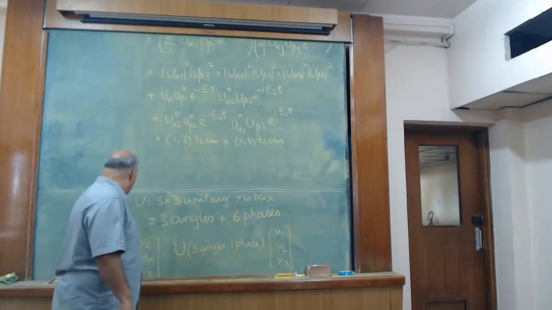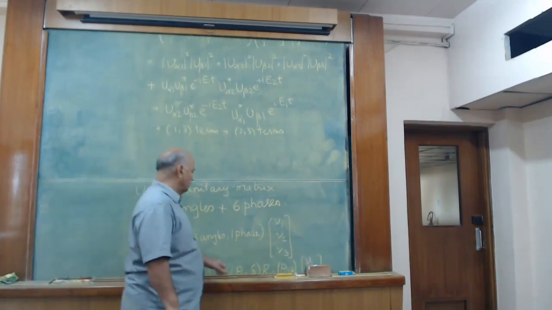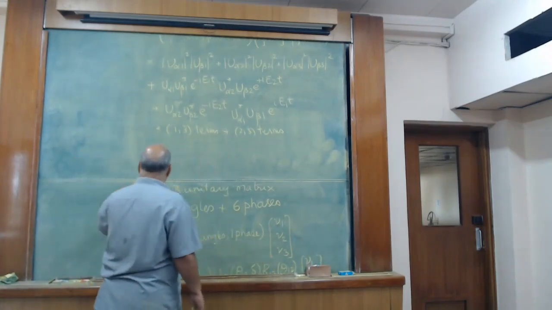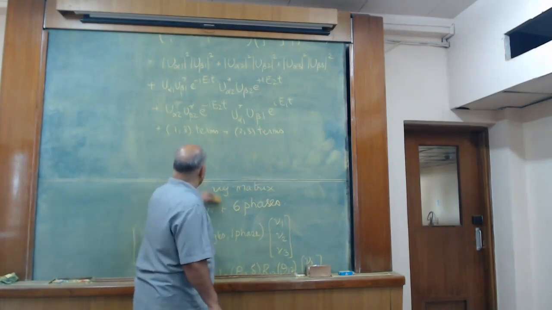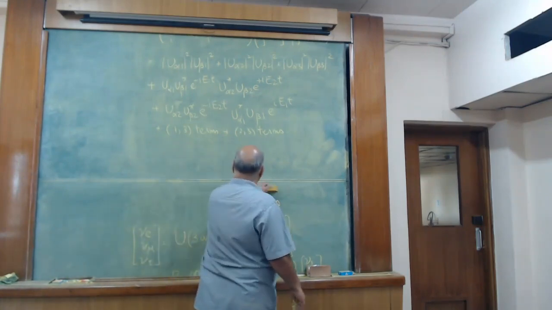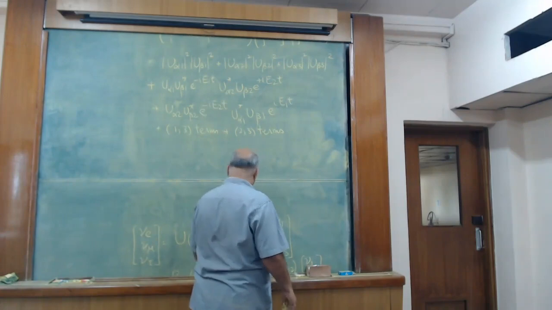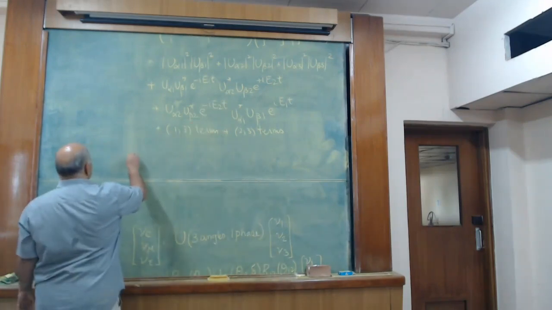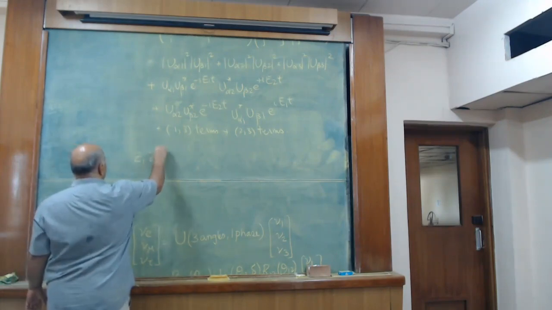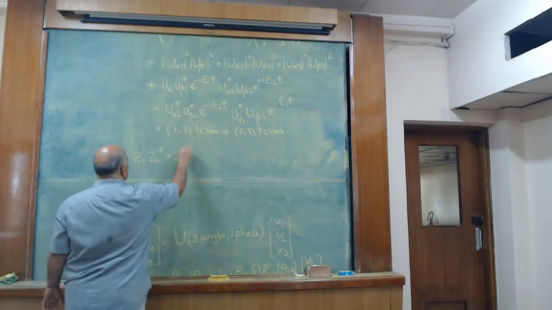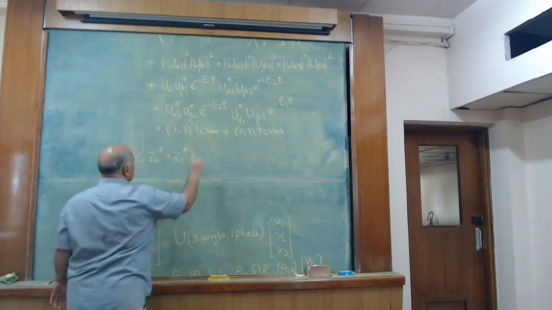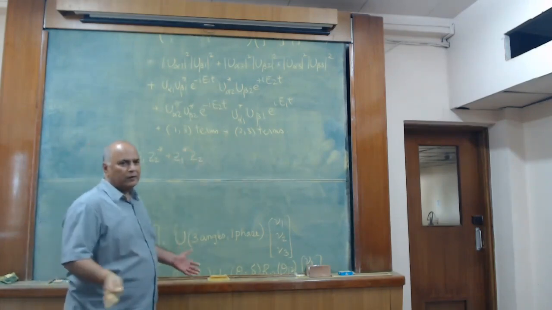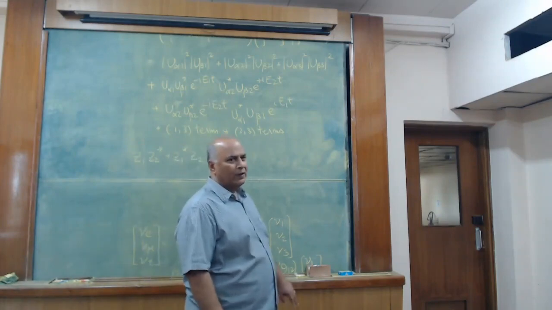But before we try to evaluate this, consider Z1 Z2 star plus Z1 star Z2, where Z1 and Z2 are two independent complex numbers.